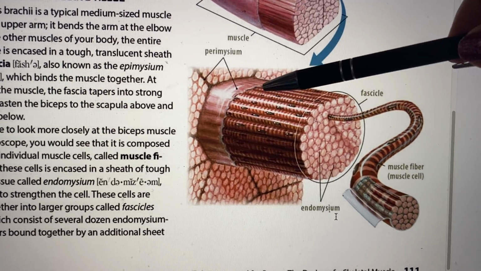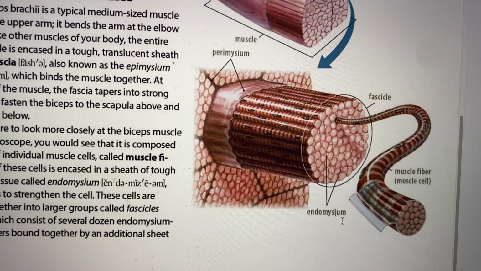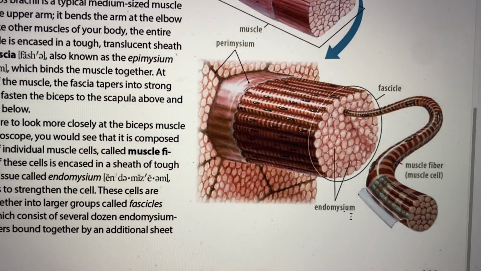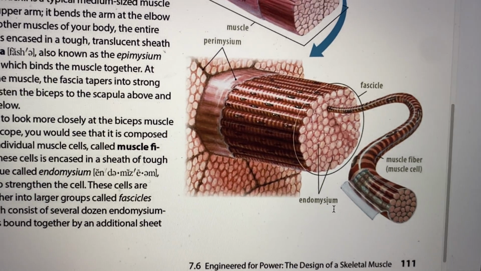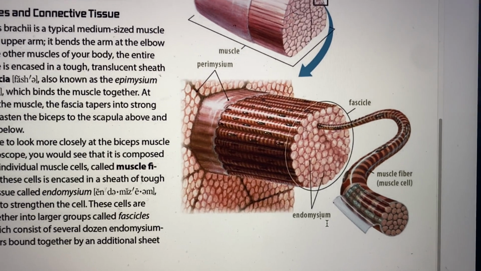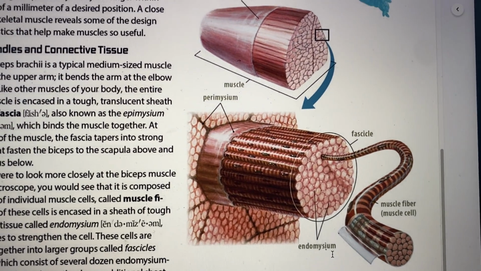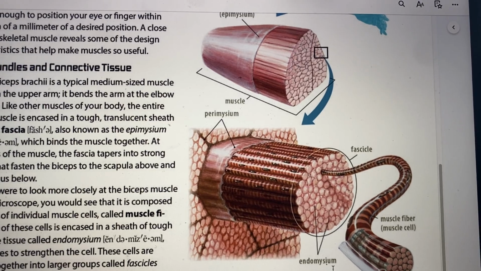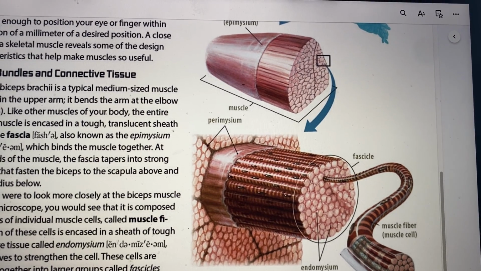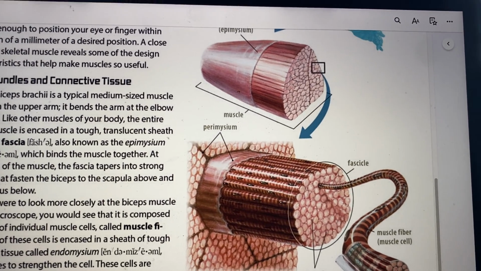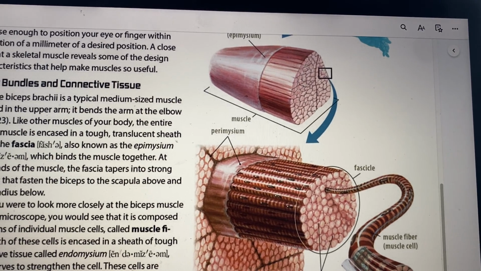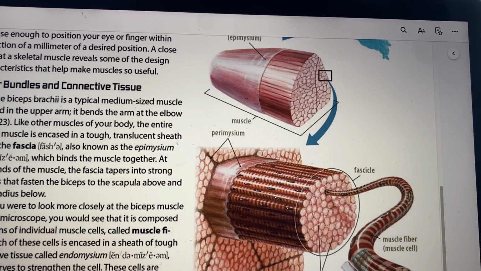It's basically surrounding each one of these pieces. These are called fascicles. We're going to look at these small fascicles, and the perimysium wraps around them instead of the endomysium. Remember, we had epimysium, we had endomysium, and now perimysium.